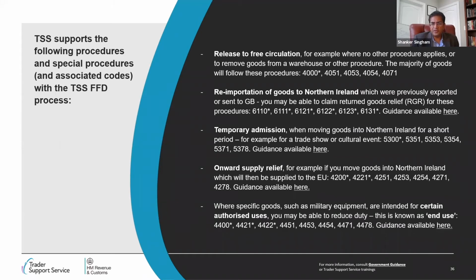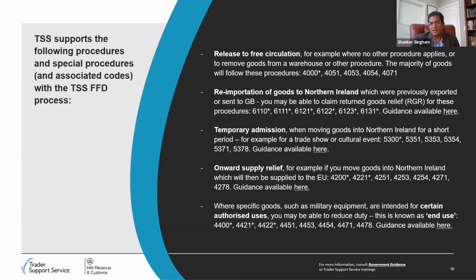Onward supply relief is quite an important relief. That is for goods that are moved into Northern Ireland, which will then be supplied to the EU, and it allows you to have a better cash flow situation with regard to your VAT payments and so on. And that supports those codes listed there.